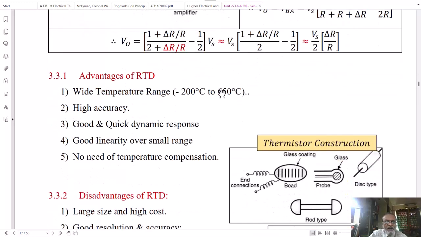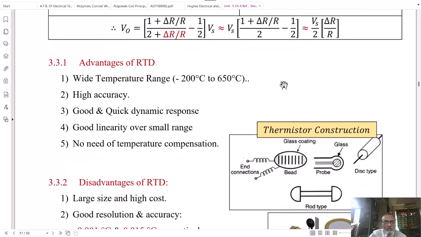The advantages of RTDs are as follows. It can be used for a wide temperature measurement range from minus 200 degrees centigrade to 650 degrees centigrade. The RTD has very high accuracy, particularly the platinum resistance thermometer, which is very common in practice.